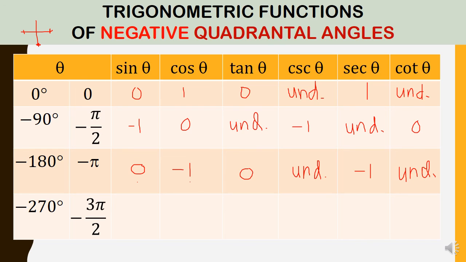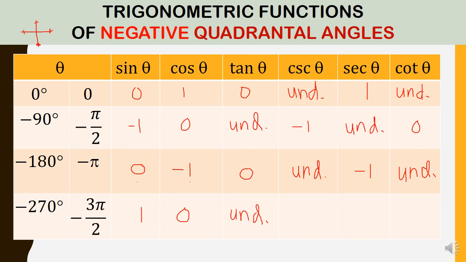And then for negative 270 degrees, which is at this point, that will be 0, 1. This is 0. And this is 1. Okay, so tan theta, di ba sabi ko nga may pattern. Ayun, pagka 0, undefined, 0. So this is undefined. Again, this is officially sine over cosine. Kaya 1 over 0 siya. Undefined.